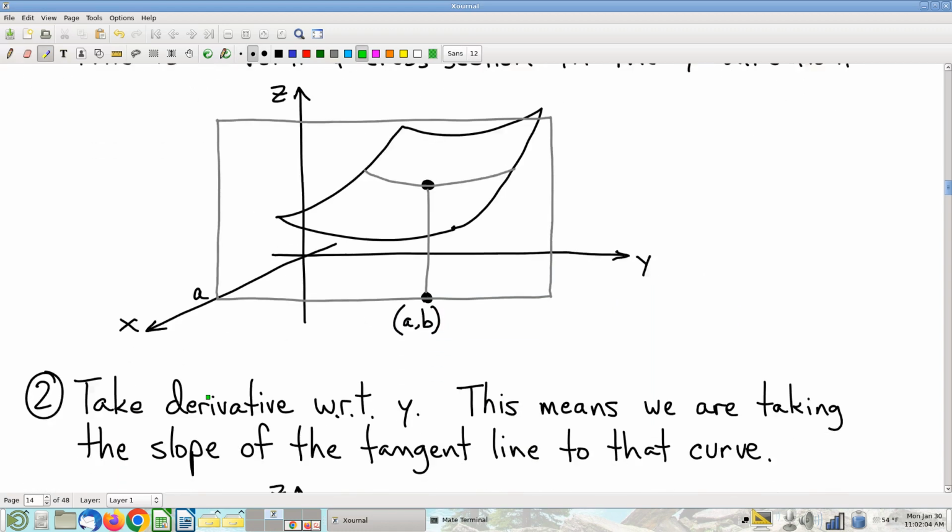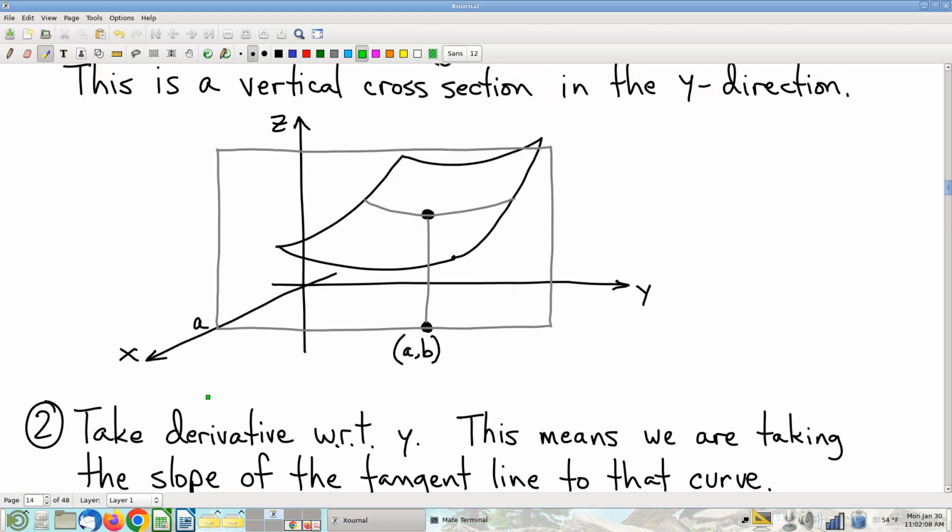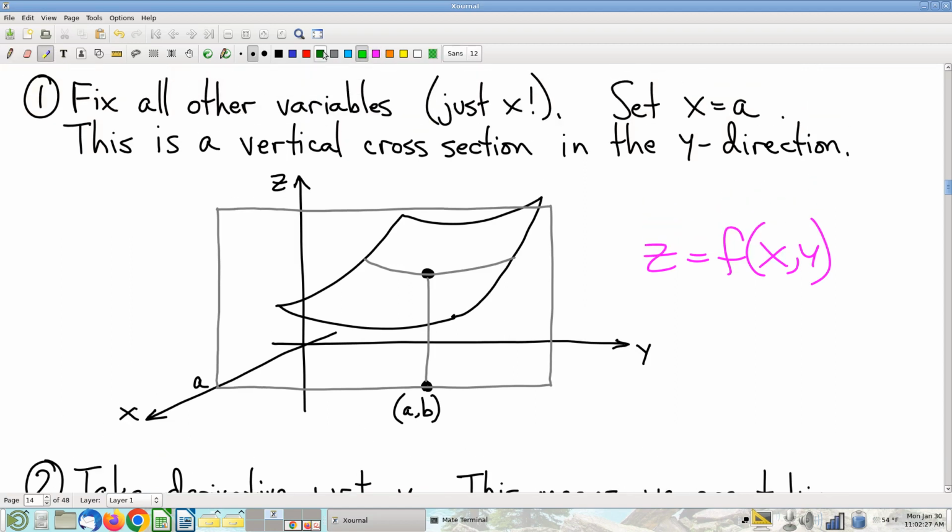So let's see here. Now, next question. What's the next thing we do? We take the derivative of the resulting single variable function with respect to y. Well, that resulting single variable function, and keep in mind, we initially had z was f of x comma y, but we have chosen to fix x.